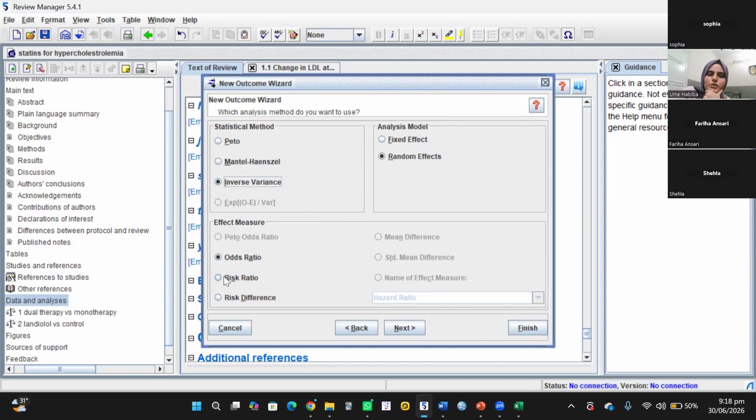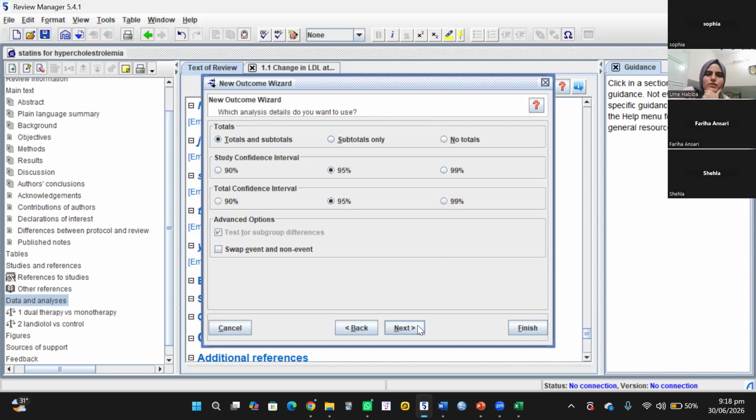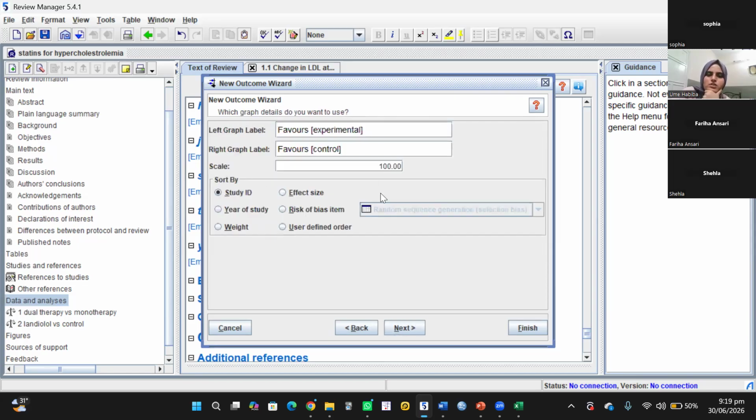What am I doing? I am calculating the risk ratio. What is the risk of AFib happening in this population, right? So it would be risk ratio. Next, confidence interval stays 95%. Next. Now, I want to label my graph. Left side, I would say for landiolol, and right side is for control.